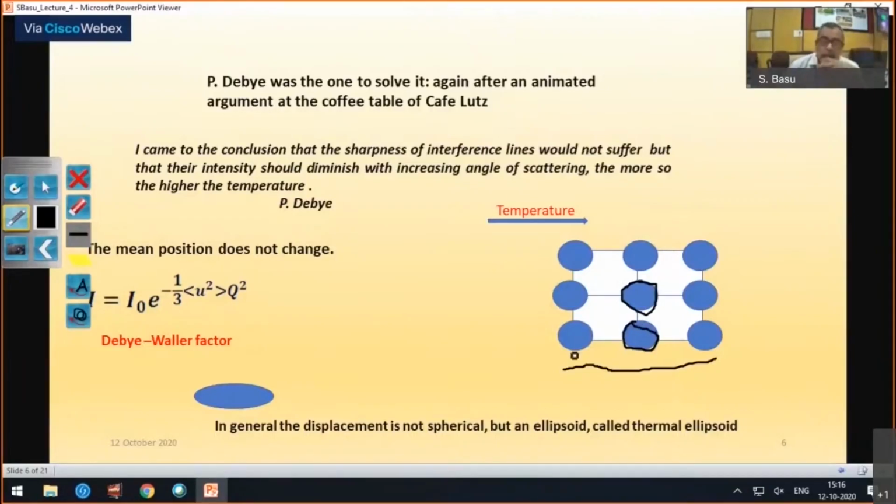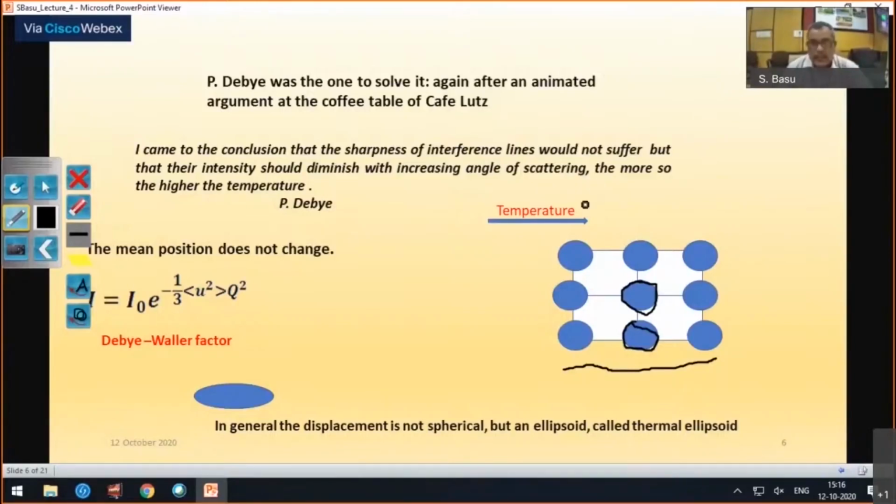I was telling you, if a charge distribution is large, it falls in Q space. The larger the charge cloud, the faster is the fall. And Peter Debye's comment is exactly the same as what I talked about with respect to form factor, that the sharpness of the interference lines would not suffer, but their intensity should diminish with increasing angle of scattering.